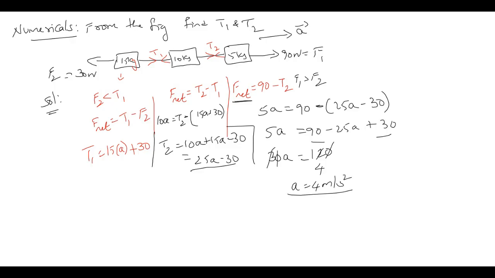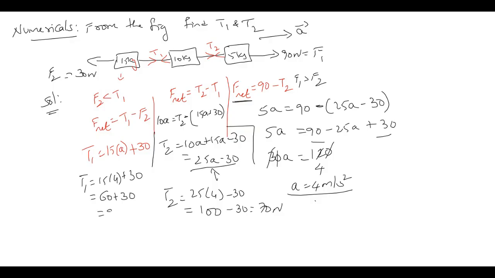Now put this A value in this, then we will get T2. T2 is equal to 25 into 4 minus 30. 25 into 4 is 100. 100 minus 30 is equal to 70 Newton. Now put this A value in T1. Then T1 will become 15 into 4 plus 30. 15 4s are 60. 60 plus 30 is equal to 90 Newton.